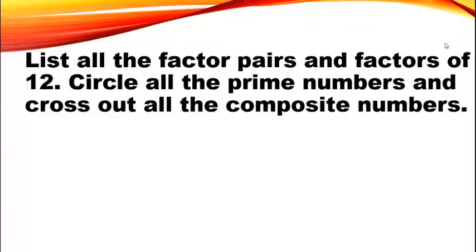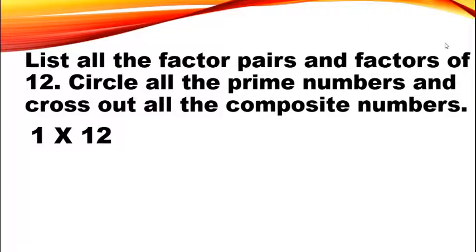Good. Factor pairs are the two numbers that we can multiply to get a certain number or given number. But today we are looking for the factor pairs of 12. So what are the factor pairs of 12? Let's start with the smallest number.